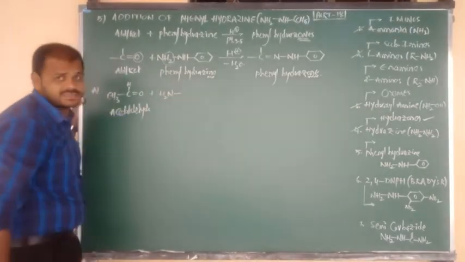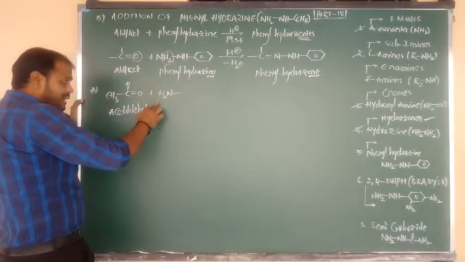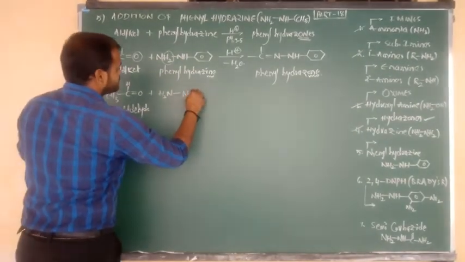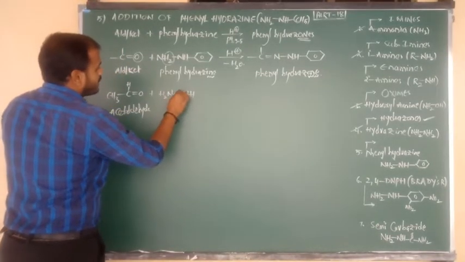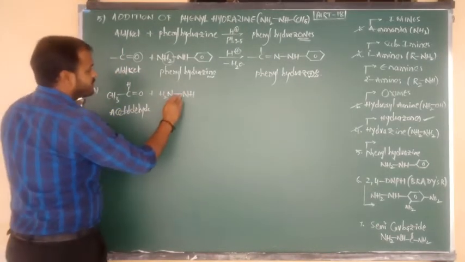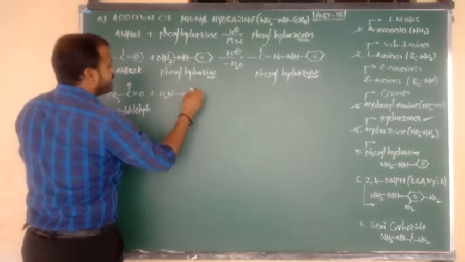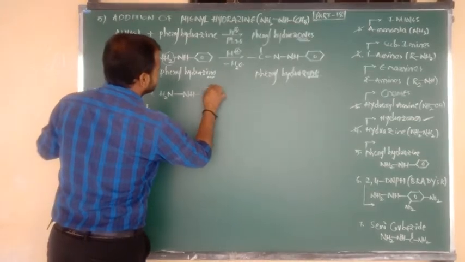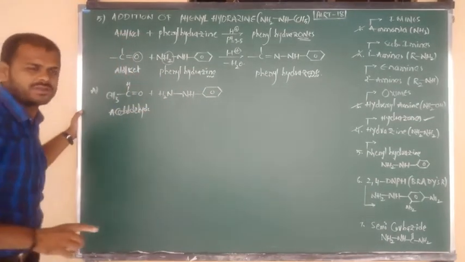No problem, beta, as you wish. NH2 bond NH. Here also the same thing, NH2 bond NH. NH is connected here to the phenyl ring, and also we can say benzene ring. In that place, if you want, you can write C6H5 also.